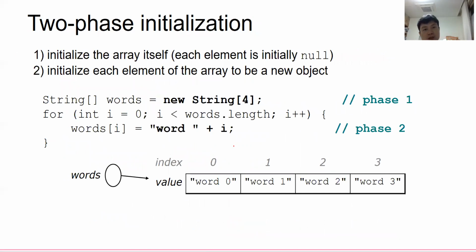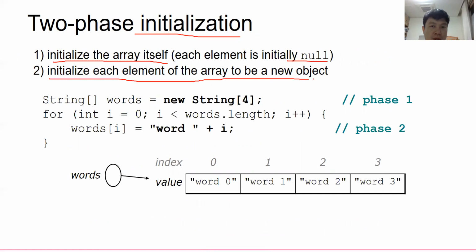And there is another way. If you want to avoid the errors, you can do initialization. First you initialize the array. Each element is initially null, so initialize each element of the array to be a new object. For example, I have a string array words with a size of 4, and I want to loop from 0 until words.length, because I know the size is 4, so it will loop until 4.